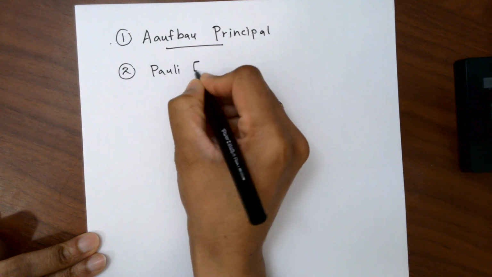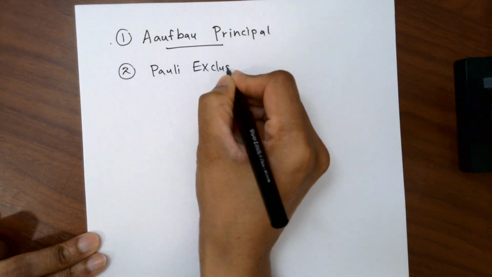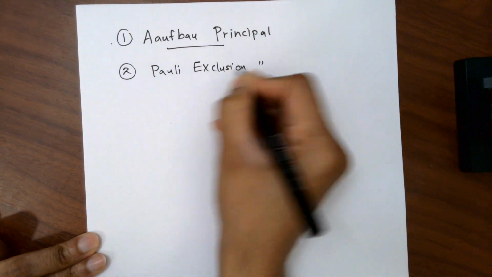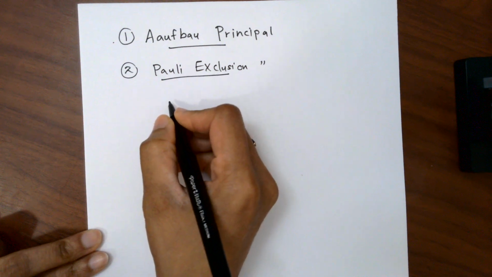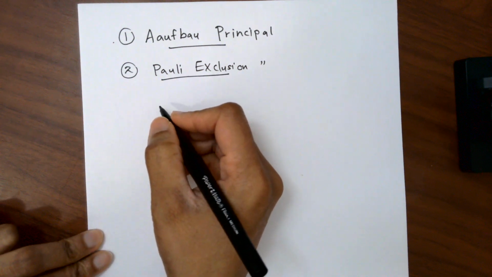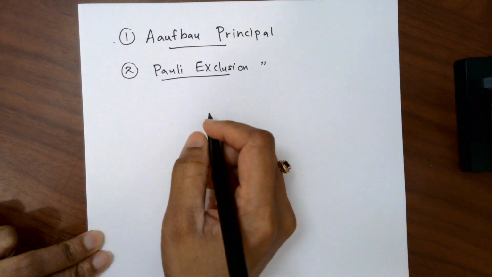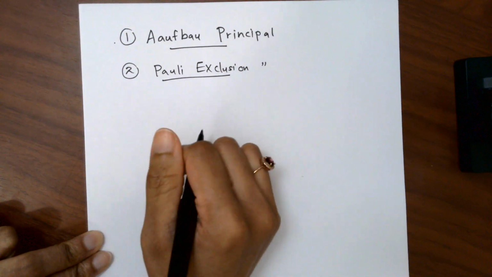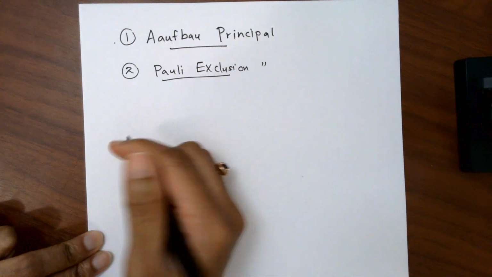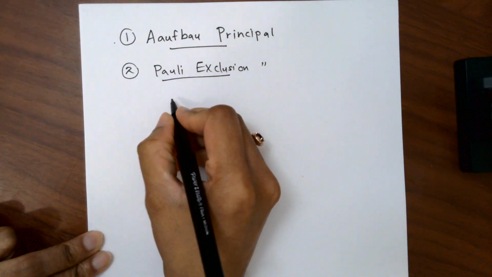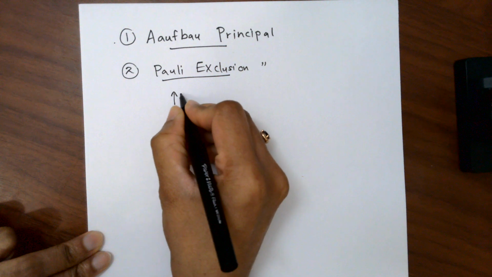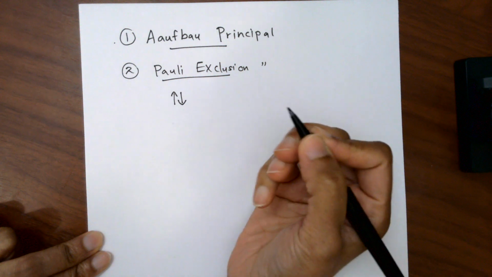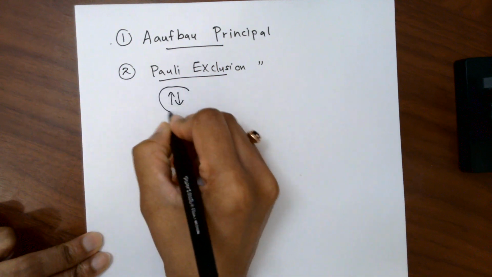Pauli exclusion principle states that in a single atom no two electrons have the same four quantum numbers. So in other words, if you draw electrons as arrows, if you draw one up, the other one should be down in one orbital.